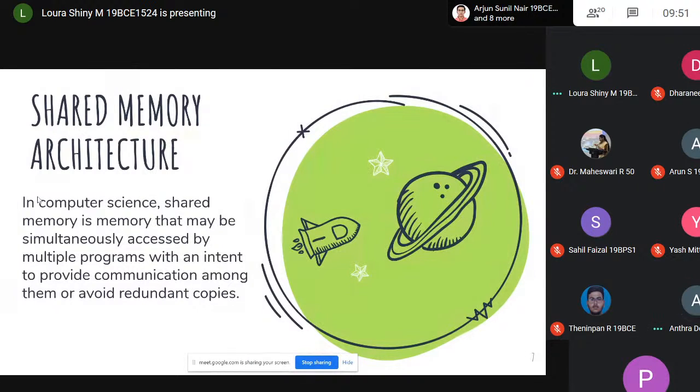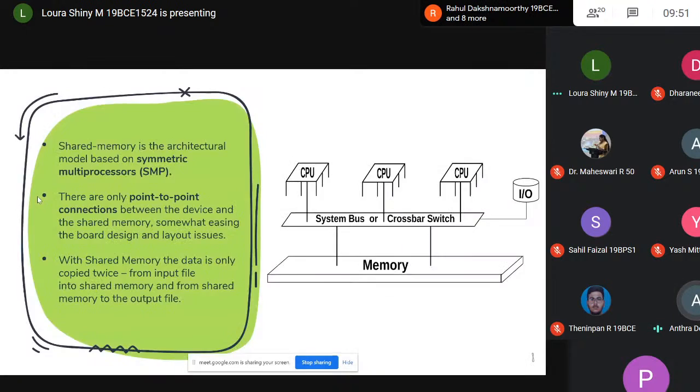Hi guys. So I'll give you a brief introduction about what shared memory architecture is. In shared memory architecture, the entire memory, that is the main memory and the disk, is shared by all the processors. The memory may be simultaneously used and accessed by multiple processors to provide communication among them or to avoid redundant copies.